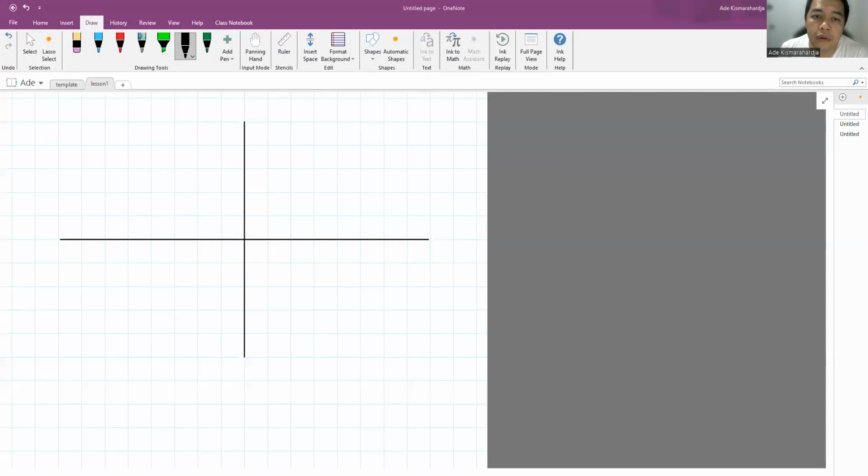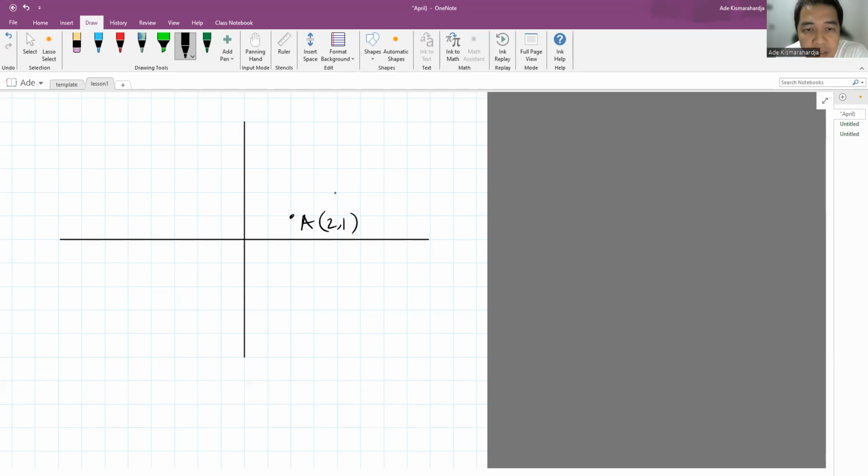Normally when we have, for example, 2 points, let's say the first one is located at this point. Let's call it A, and let's suppose the coordinate is 2, 1.